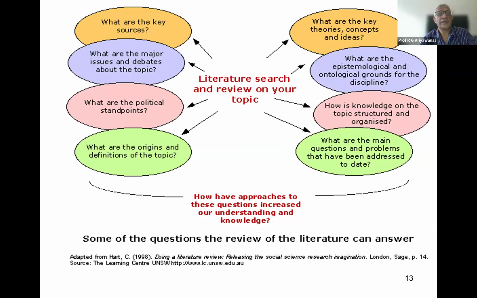And in reading literature, the other advantage is that you can understand what the major issues and debates about the topics are.